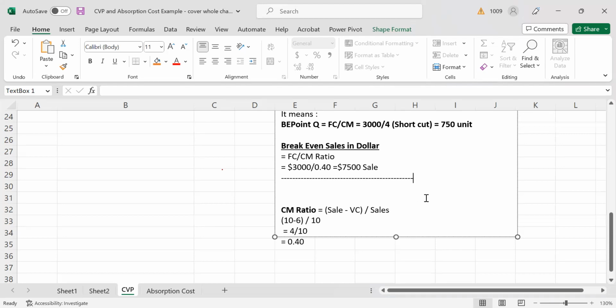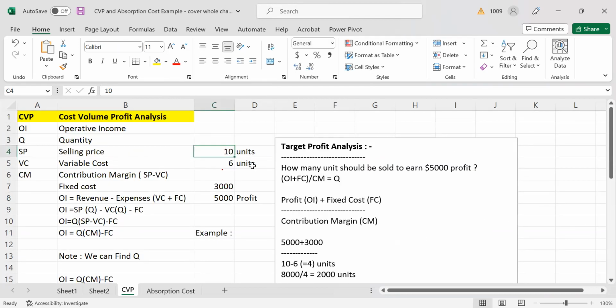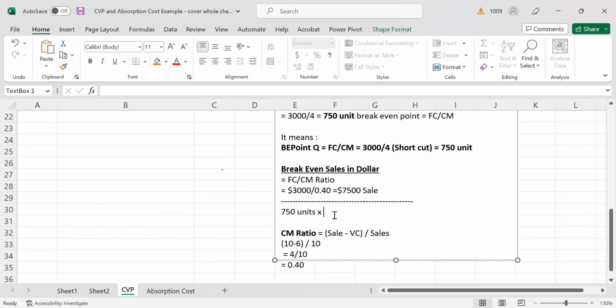We know the break-even point is 750 units. So 750 units, the break-even point, multiplied by the selling price, which is $10 per unit. Exactly the same answer we get here. Hence we proved that the break-even sales in dollars will be $7,500.